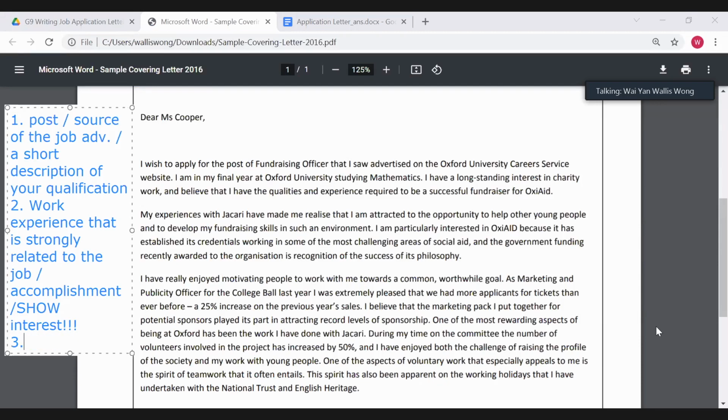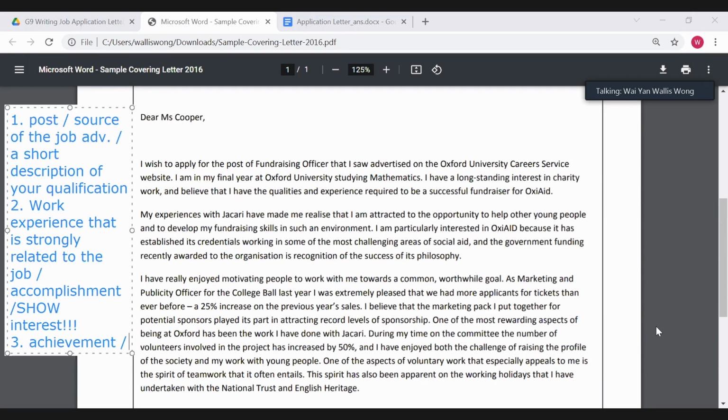How about the last paragraph? Again, you can talk about your achievement, but you have to give me a lot of details to justify why you are the best candidate.